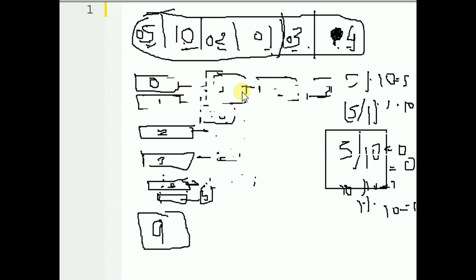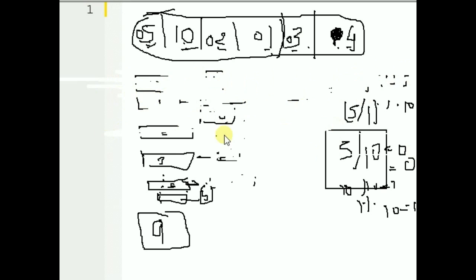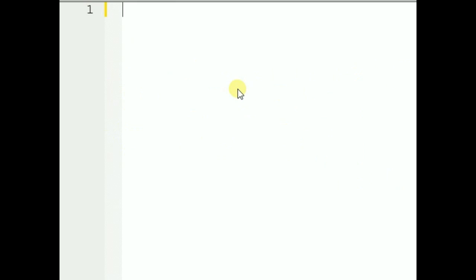Okay, let's erase all this. Let me just draw the array again. It's 5, 10, 2, 1, 3, 4.